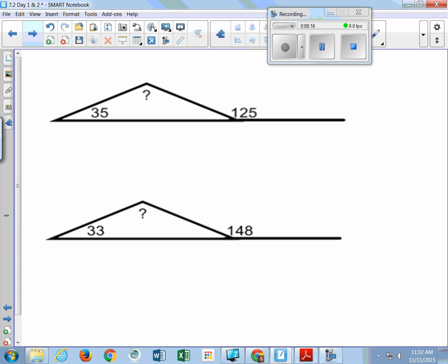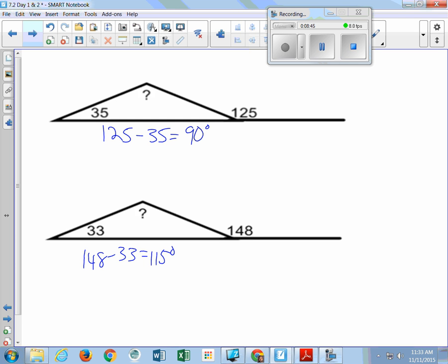Let's look at the next one. Once again, it gives the interior and an exterior, so I'm going to take the exterior and subtract one of the interior angles to find the other interior, and this is 90 degrees. Same thing with the last one, 148 minus 33 equals 115 degrees.